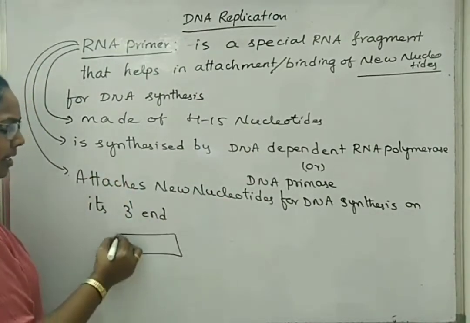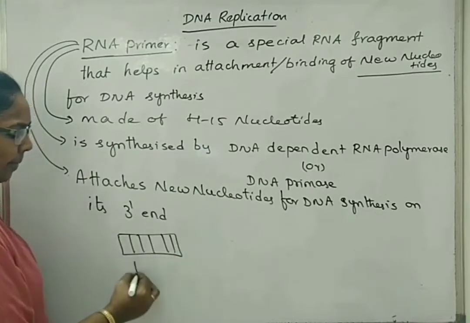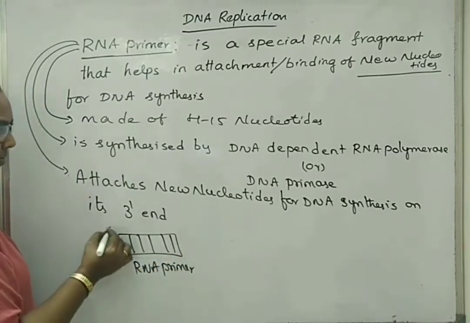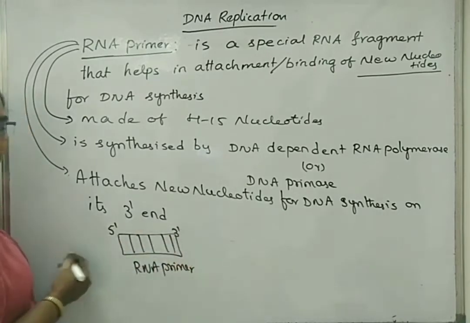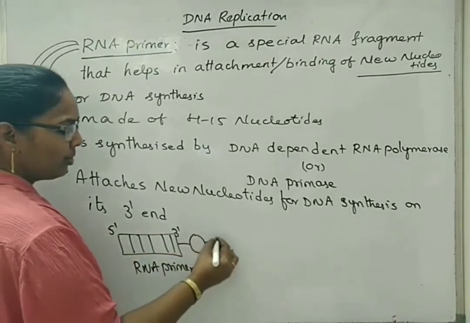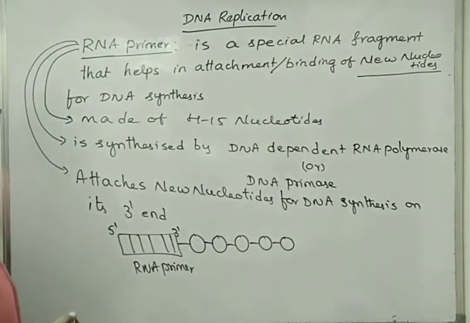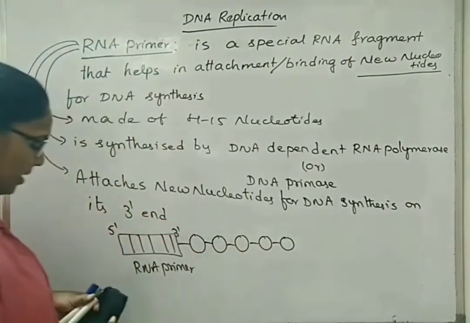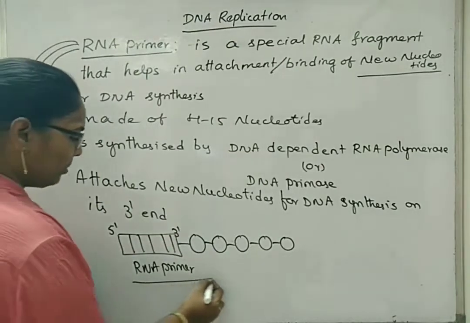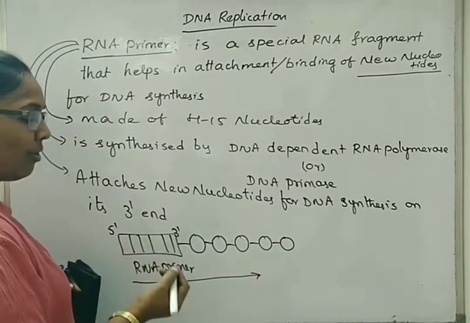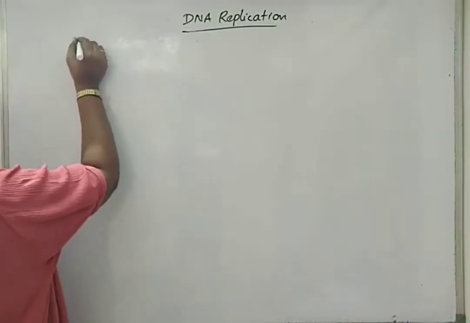Suppose if this is an RNA primer, its ends are 5' and 3' directions. It will add the new nucleotides on its 3' end. Means DNA synthesis is happening from 5' to 3' of RNA primer and 3' to 5' of old DNA strand.